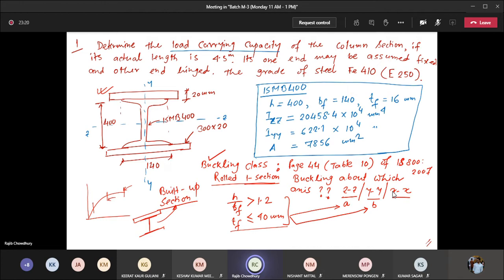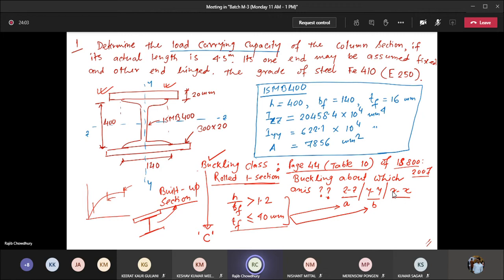So in the code also, same page number, same table of IS 800 2007, there is another classification for the built up member. Now our problem statement lies within the built up member. In this built up member, irrespective of the I section and all these things on which the built up section is developed, for all the built up sections the buckling class is to be considered as class C buckling.